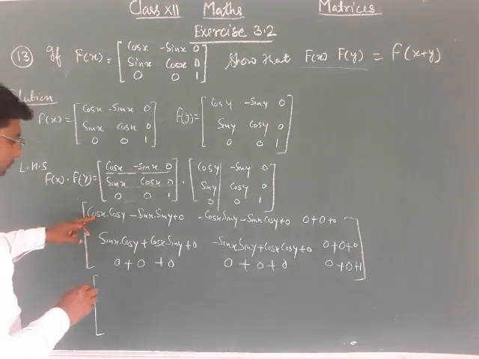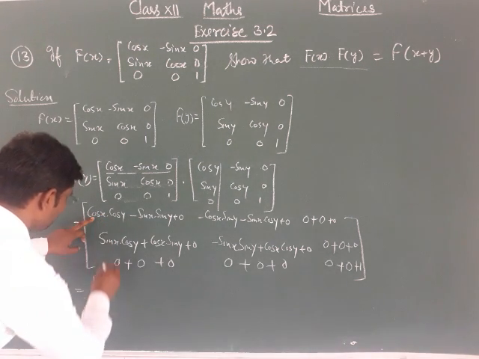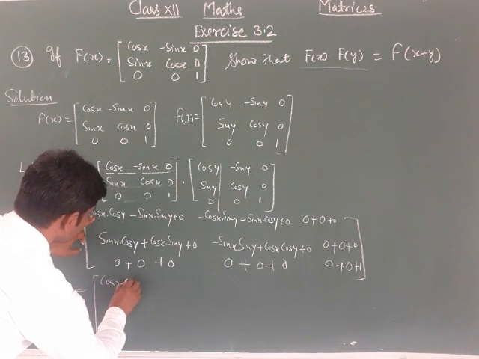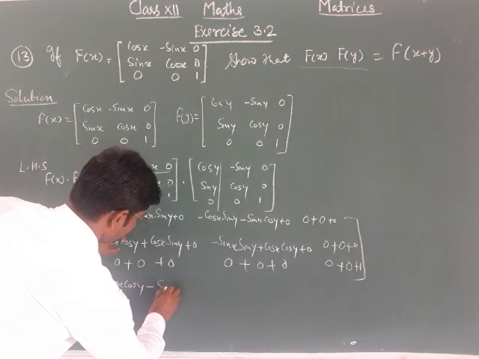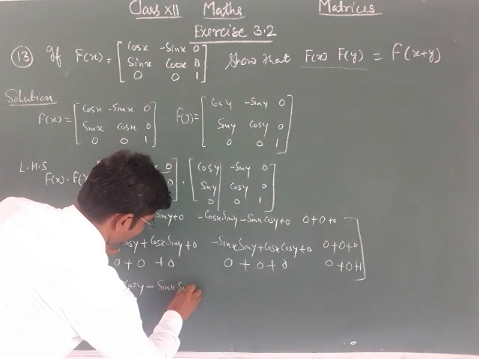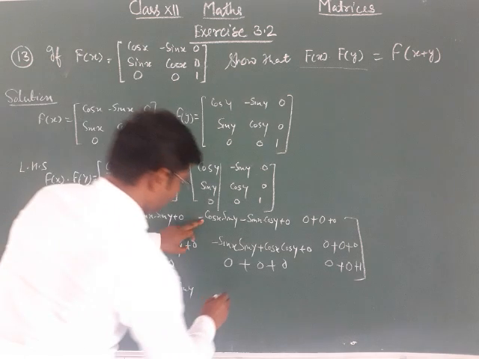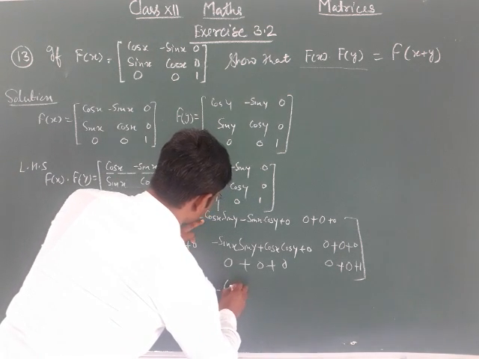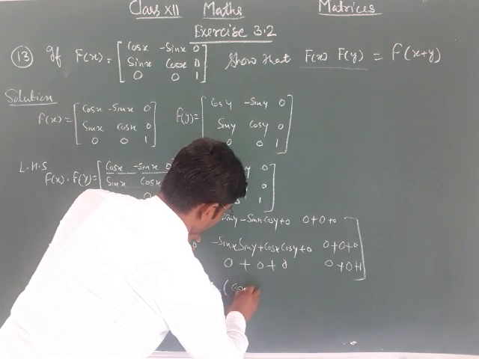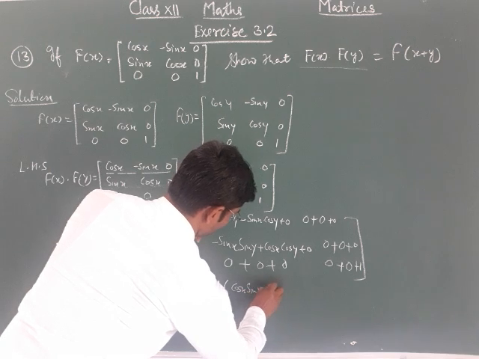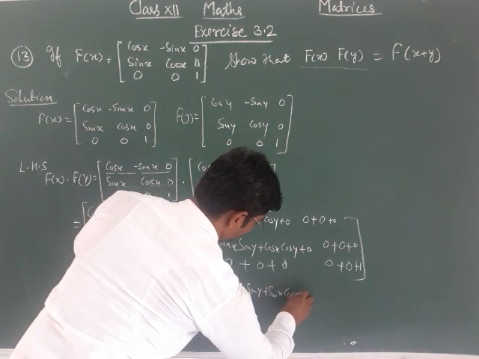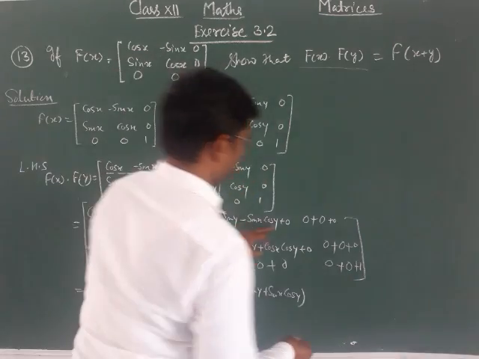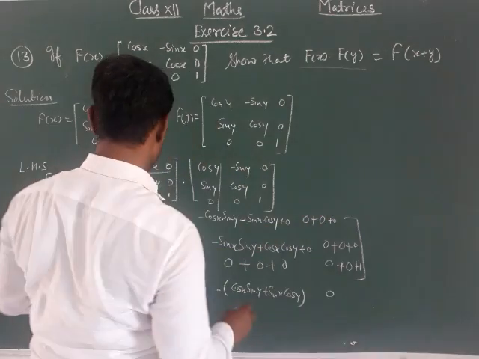So cos x cos y minus sin x sin y, and this is minus, taking common out in bracket, (cos x sin y plus sin x cos y), and this is 0.